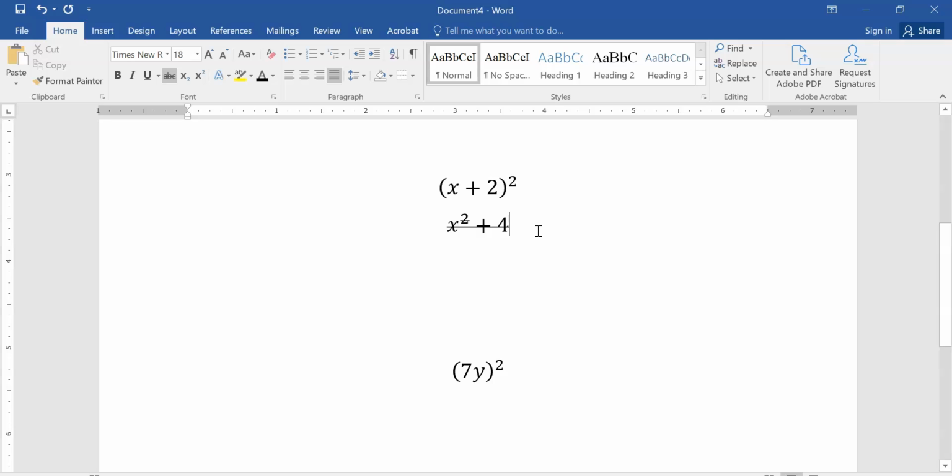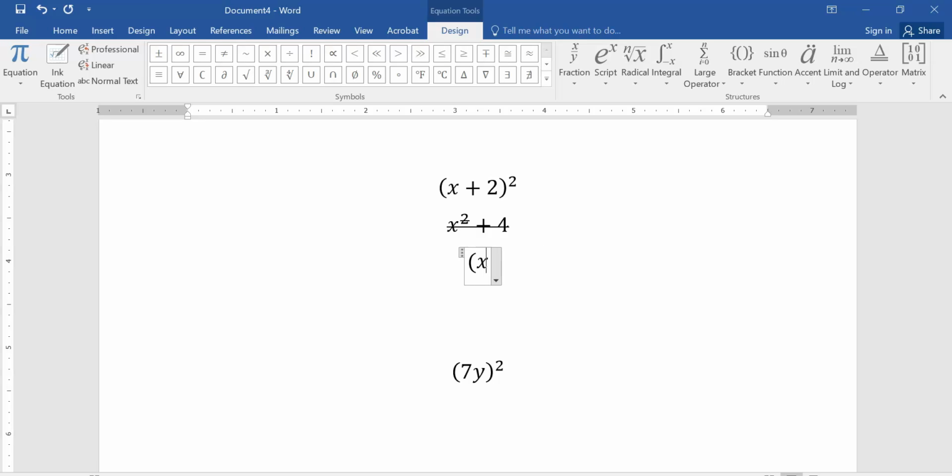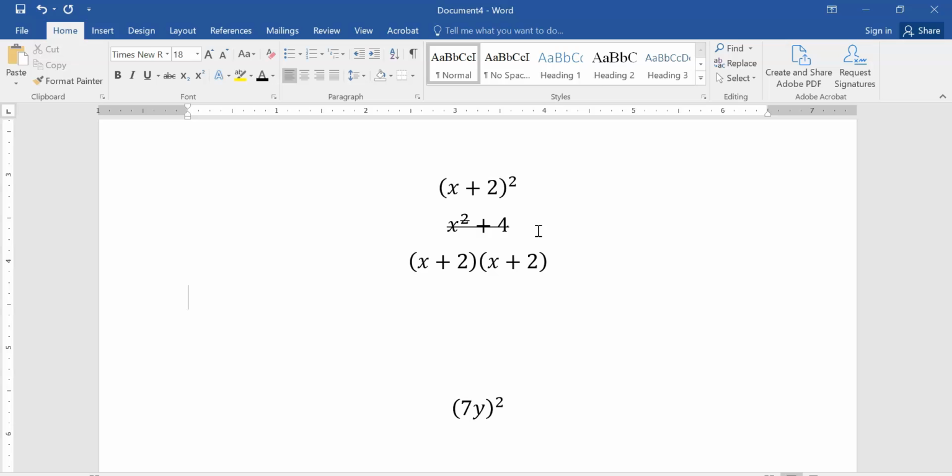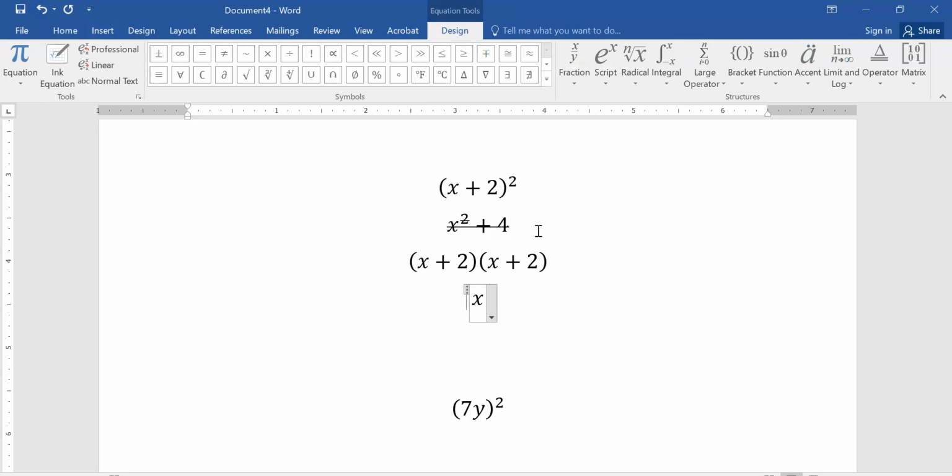This is totally wrong. So make sure that you actually take the x plus 2 times the x plus 2 and multiply it out, each term in the left-hand polynomial distributing to each term in the right-hand polynomial.